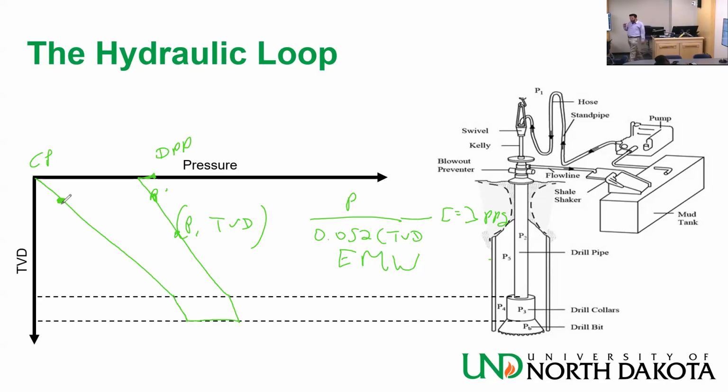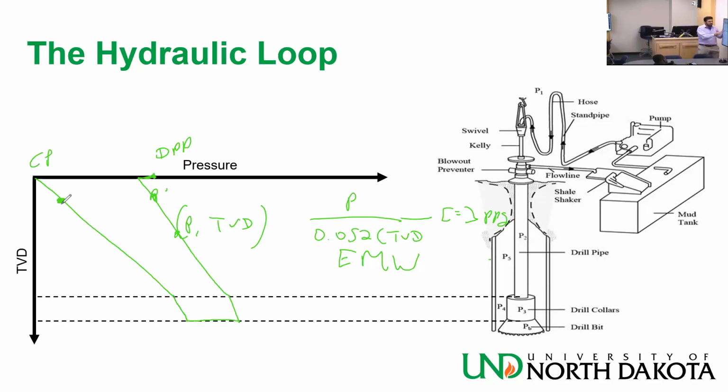EMW is the actual density that the rock, or the tubulars in place at that depth, are feeling. So you may be using a different density, but the actual density the equipment in place is feeling is that EMW. And you're going to get it from the hydraulic loop.